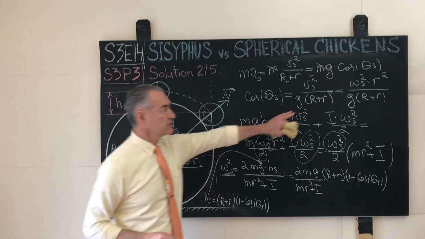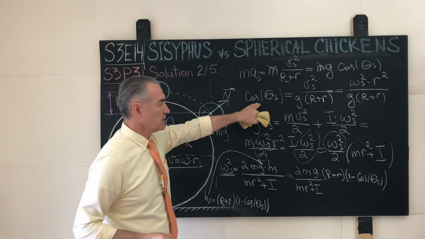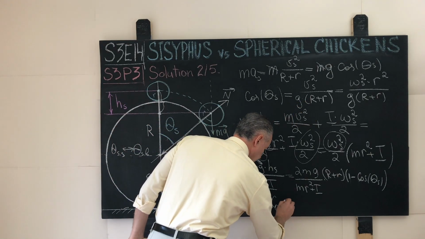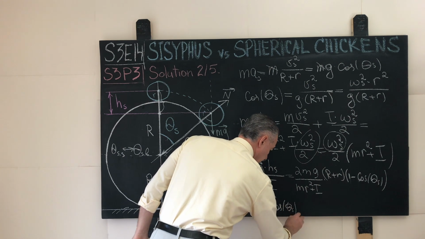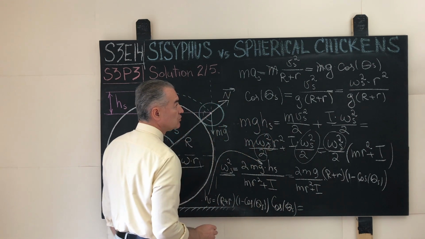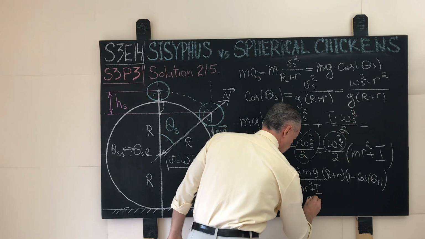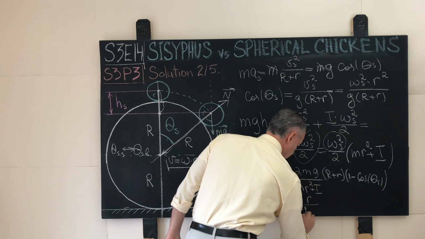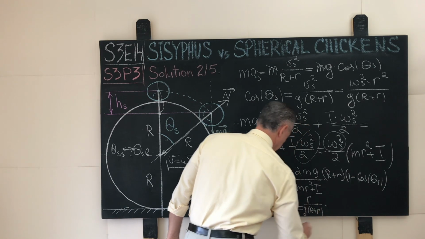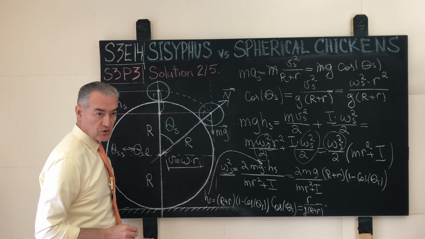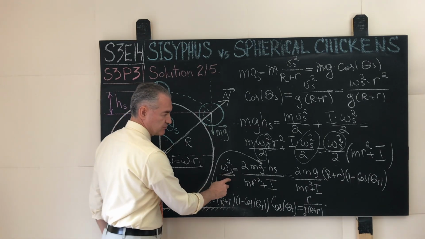Now we inject it over here for the cosine of theta_s. So what will we have? We will have cosine of theta_s equal to r squared over g(R plus r) times the square of the angular velocity of separation, omega squared, which is this expression right here.